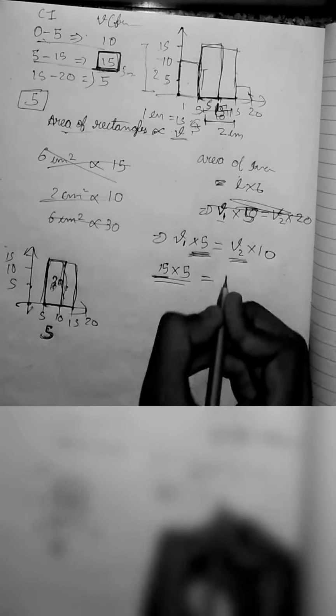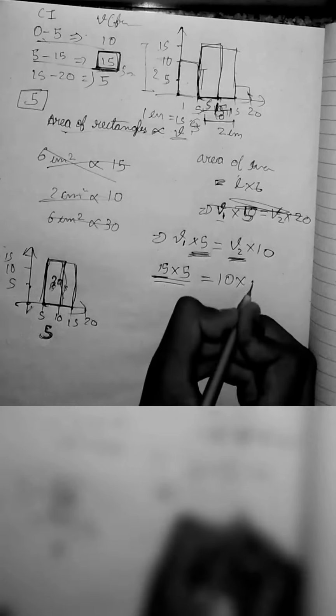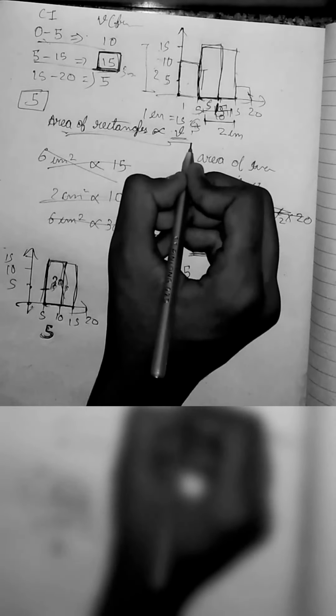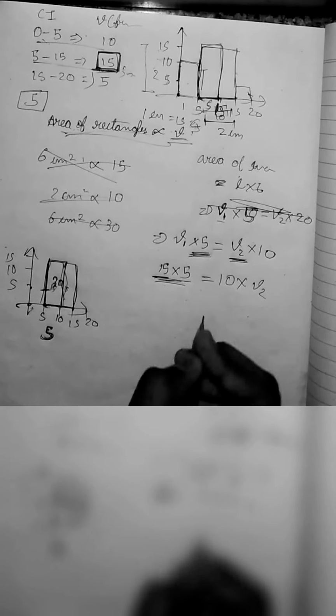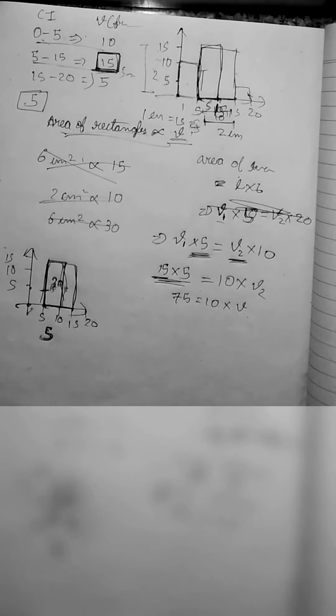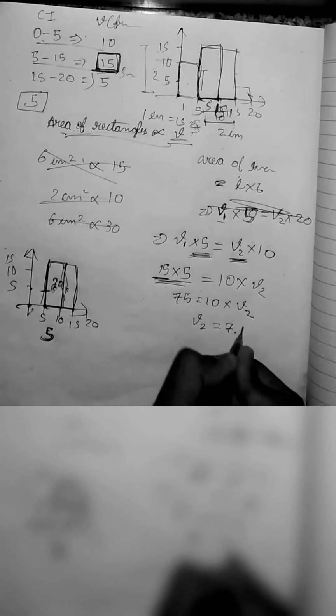By taking the sum of class size, which is 10. And the frequency that we want to find, how much the height will be, so that the area of rectangle is directly proportional, because frequencies are same, so the area also needs to be same. So here is the case of direct proportionality only. So here it will be 75 equals 10 into mu2 that we have to find, so it will be 7.5.